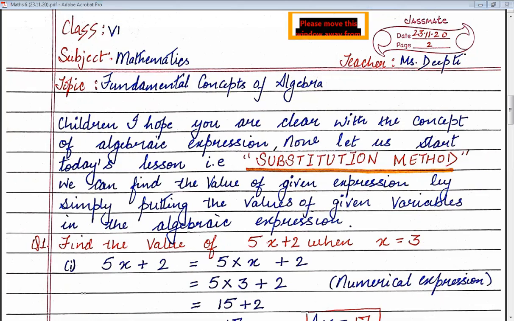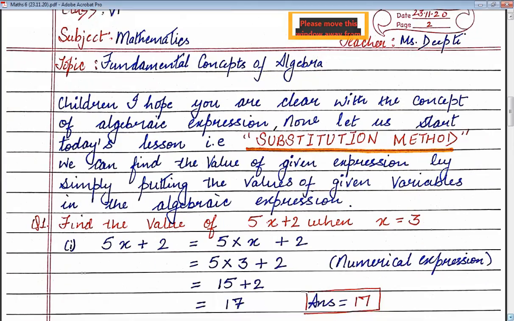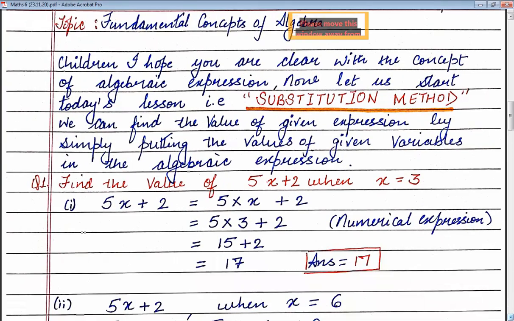Now, let us read question number 1. Question number 1 is, find the value of 5x plus 2 when x is equal to 3. Now, children, can you tell me where is the algebraic expression in this?